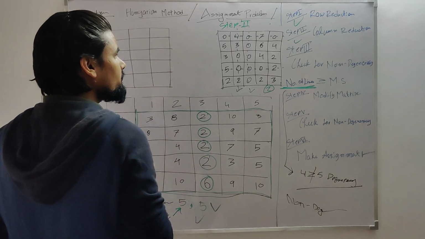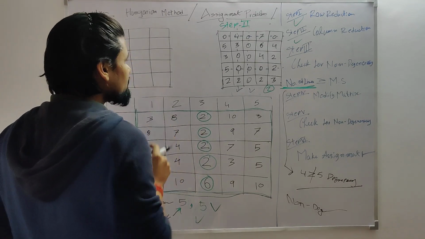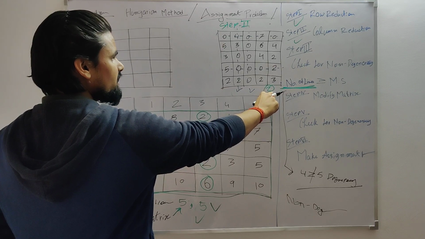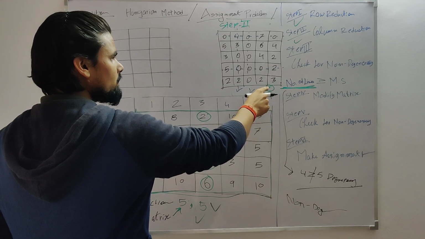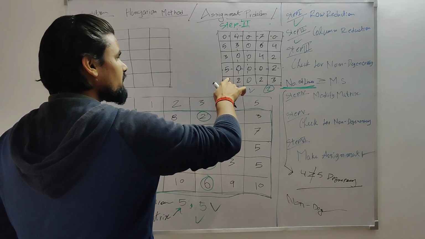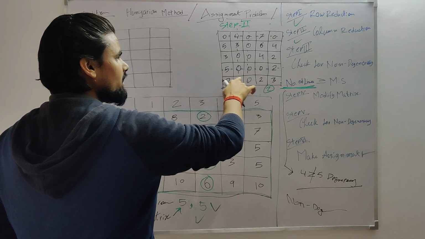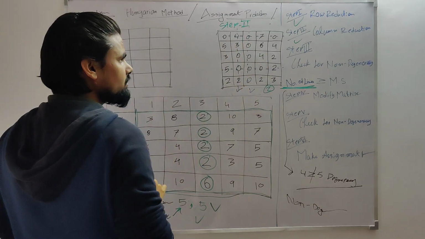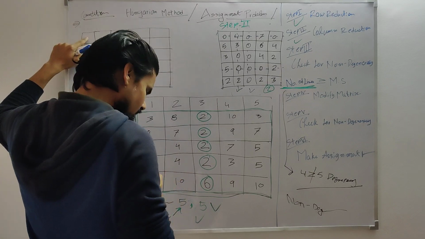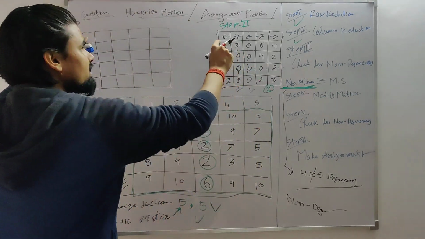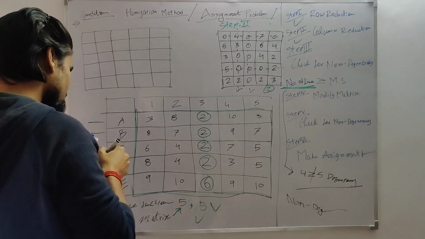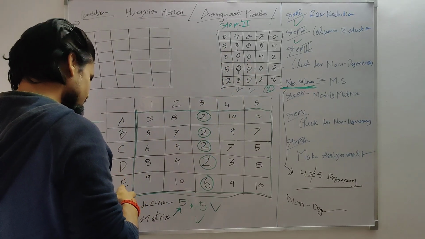Now first we will subtract this digit, this 2, from those numbers not lying on any line. Whatever number is lying on this line without the intersection, we will write as it is.